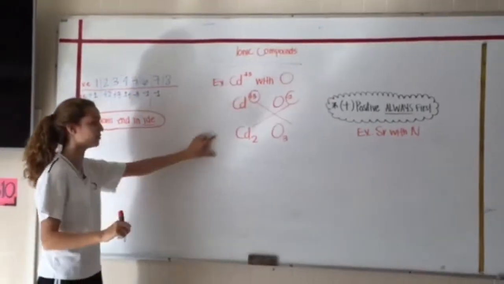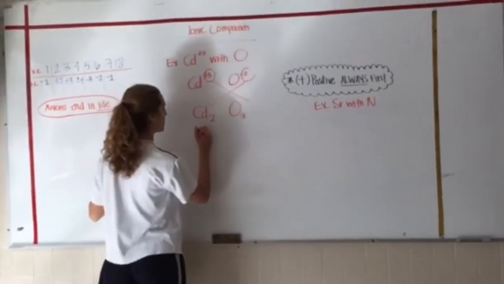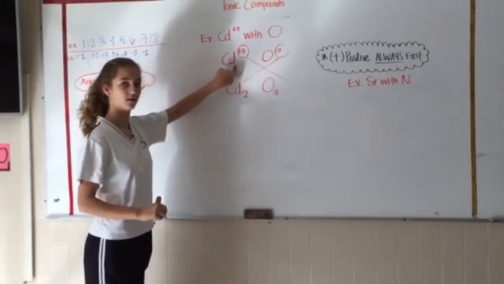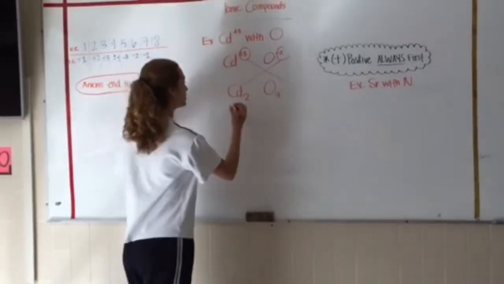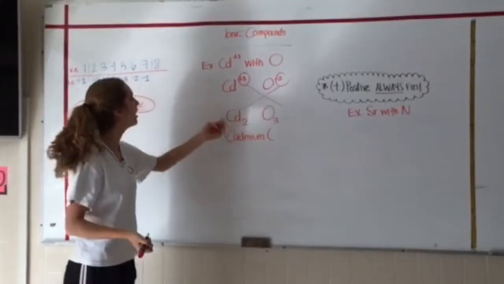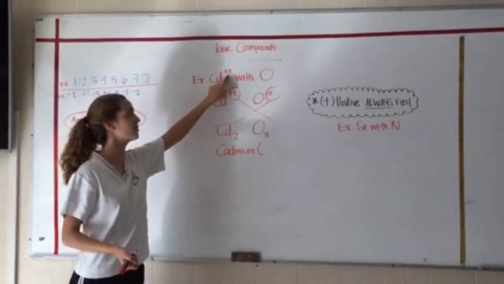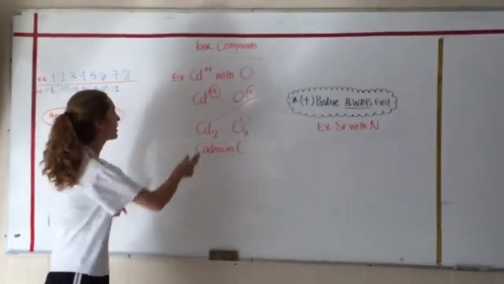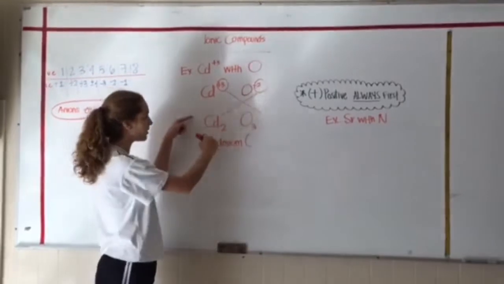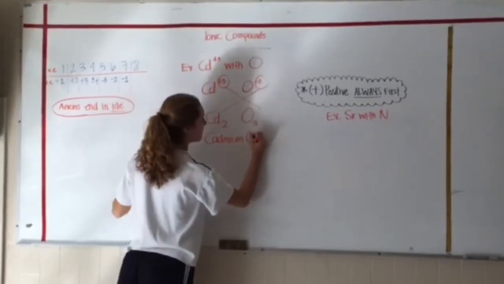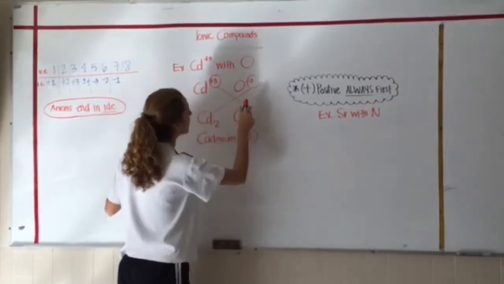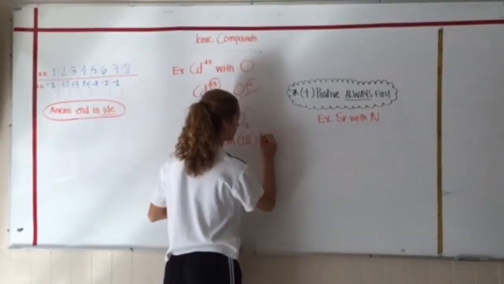But you also need to put the name for it. Always this first positive, okay? So you're going to put cadmium, and then oxide.